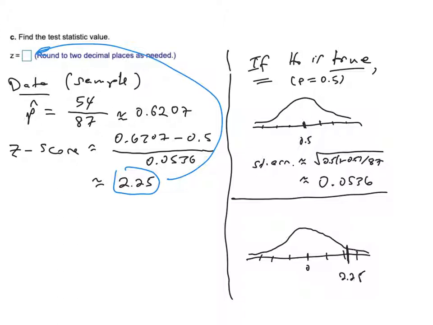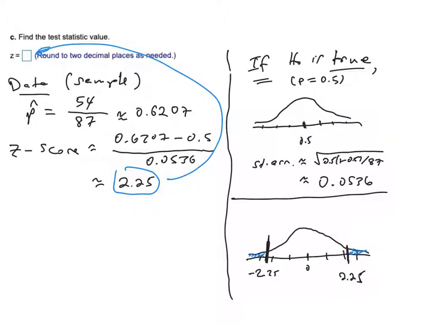And so my p-value, which is my probability of getting an observation that's that far away, would be found by drawing the z-score I have, 2.25, its counterpart on the other side, negative 2.25, and then trying to figure out how much area is in these two pieces, these two tails.